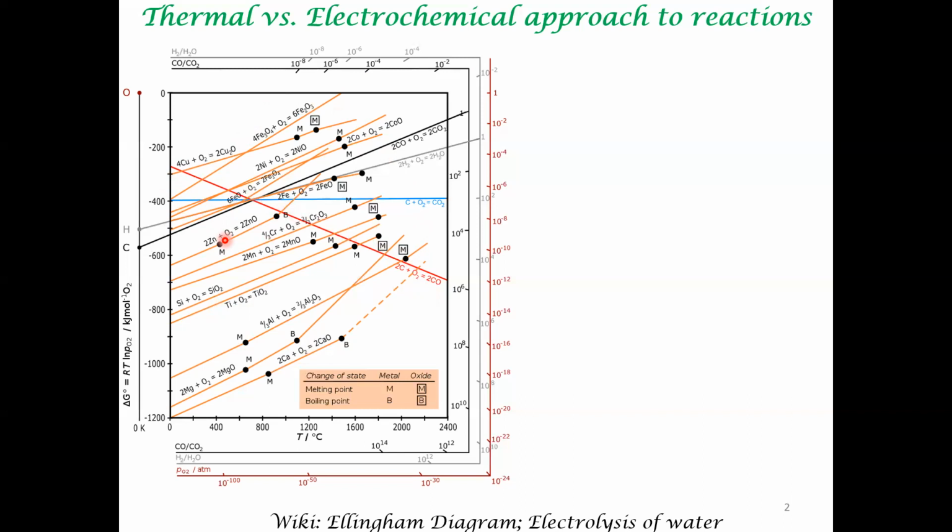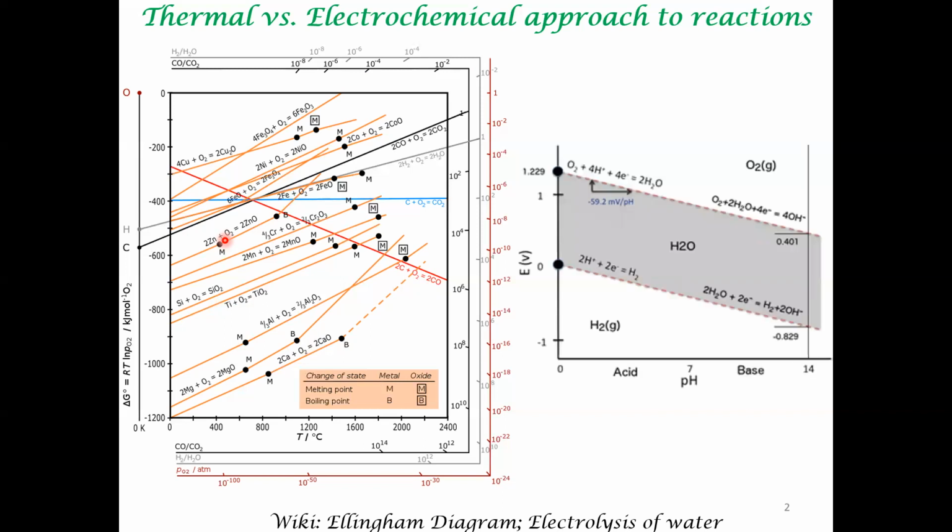As opposed to that, if you want to break the oxides via electrochemical means, it can be done at room temperature and pressure. For example, the oxide which is of interest for many electrochemical systems is that of hydrogen, which is water.